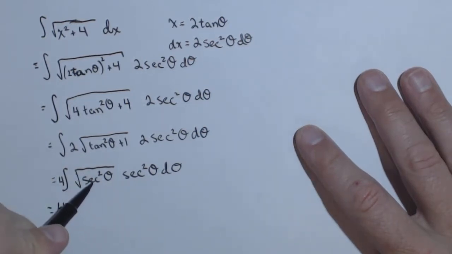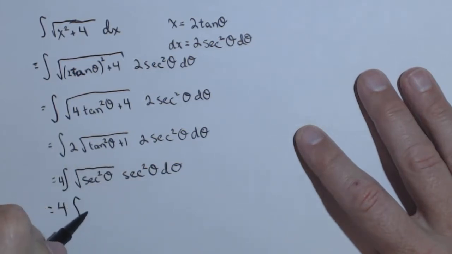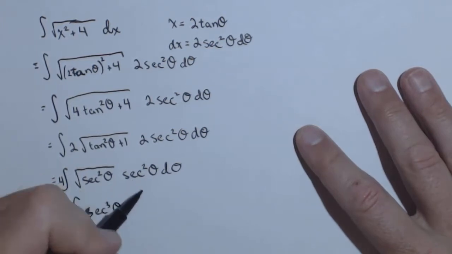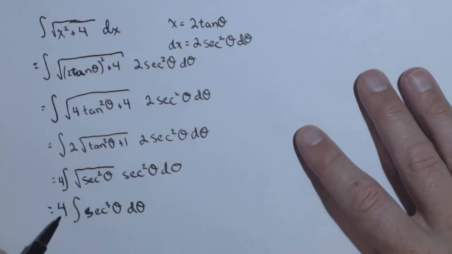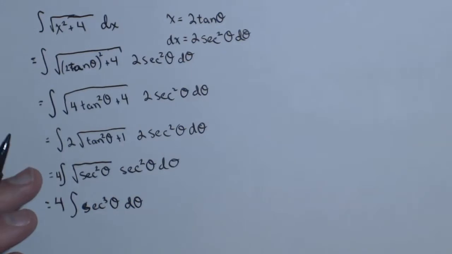Square root of secant squared theta is secant theta times secant squared theta gives me a secant cubed theta. So you can see why that derivation of secant cubed theta is so valuable. And again, if you want to see that done, I have it done in another video.